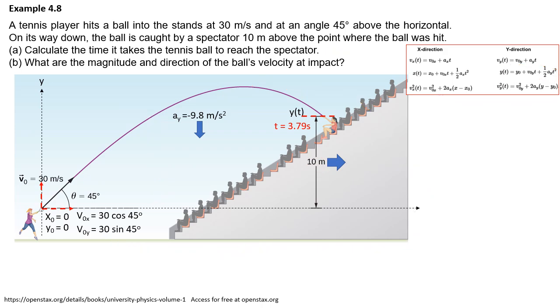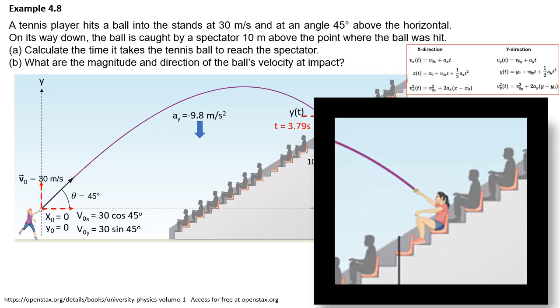So the second part, we need to find the magnitude and direction of the velocity at impact. When you zoom in, you can see that the spectator is catching it at this point.